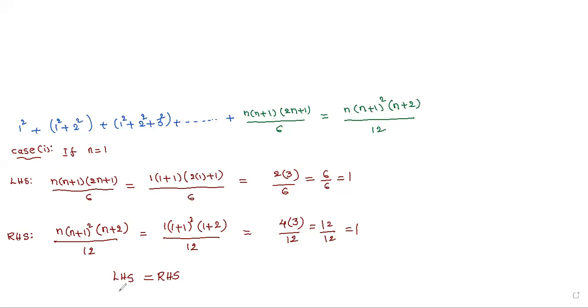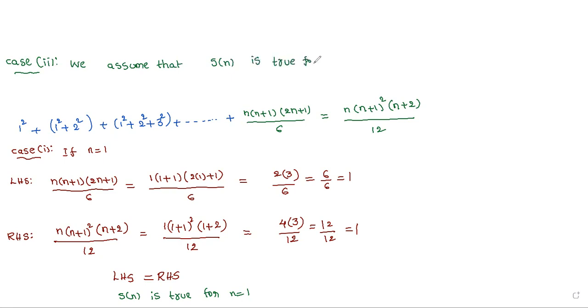So last line, S of n is true for n equal to 1. Case 2. We assume that S of n is true for n equal to k.